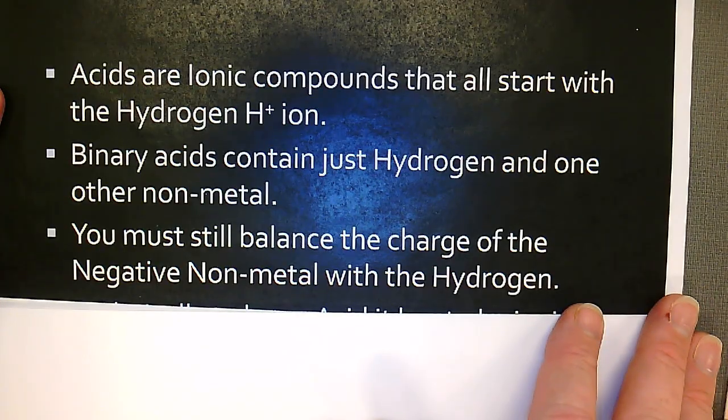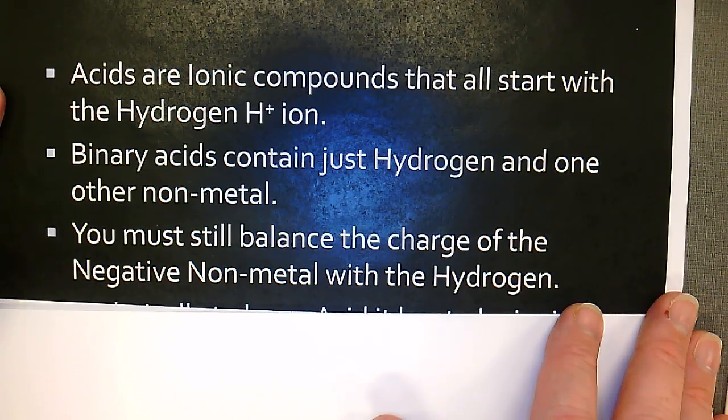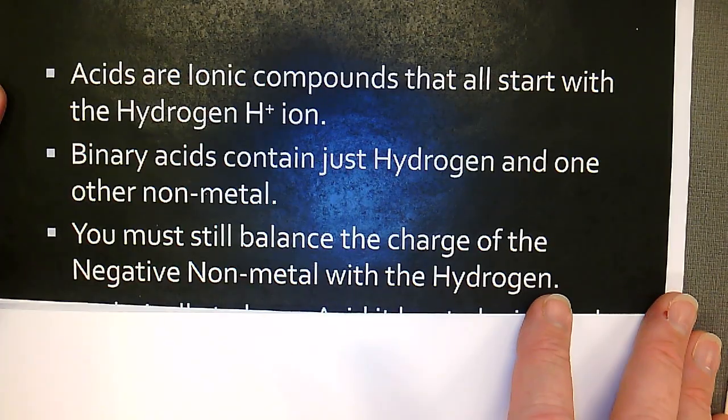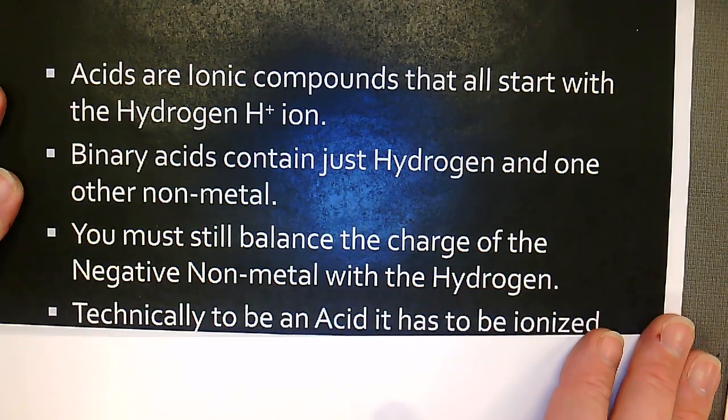It has a charge. Plus one. So whatever the charge of the other one is, that's how many hydrogens you're going to have. You will never have to add multiple of the negative ion.